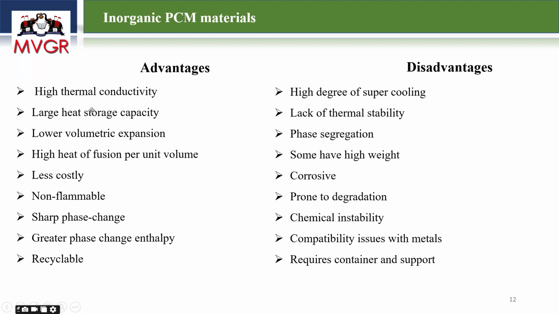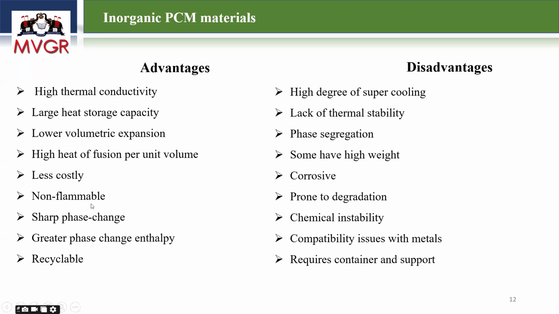This is one of the main advantages. And it has lower volumetric expansion, even whenever its phase changes from solid to liquid state. So it does not occupy that much volume, so very little variation of volume happens. And even less costly. Organic waste material has a higher cost, but these salty materials are very cheap.